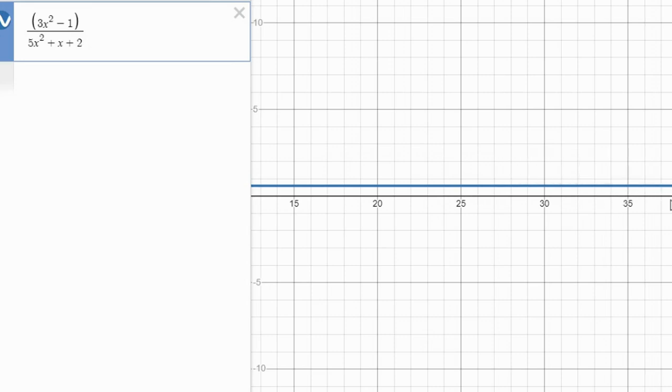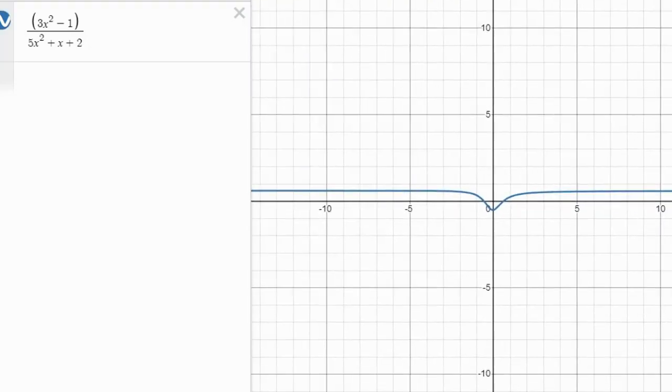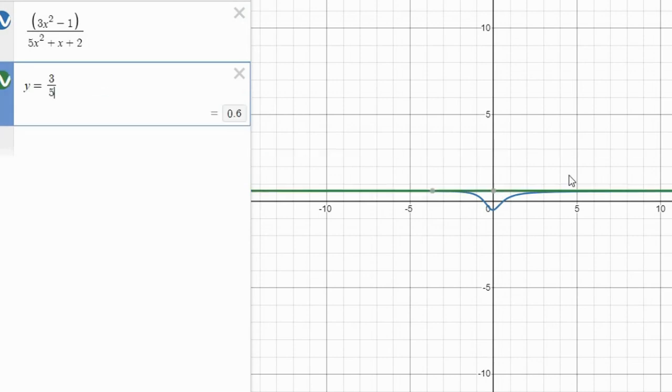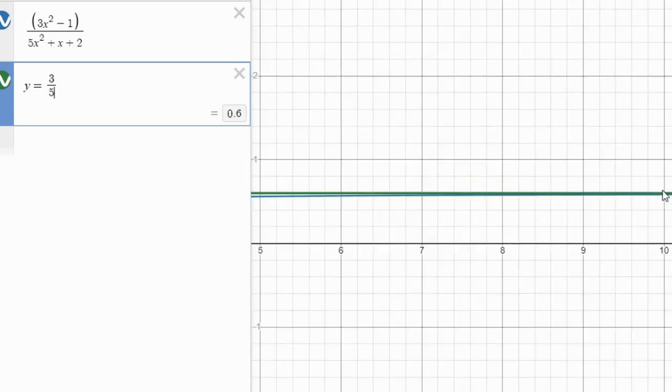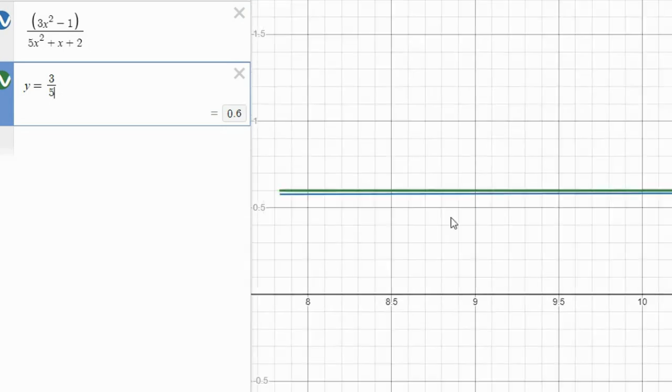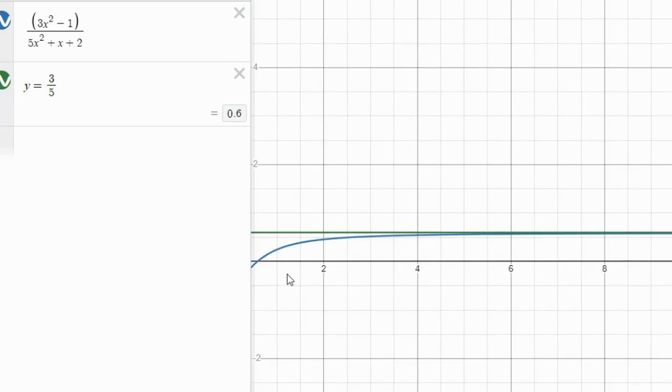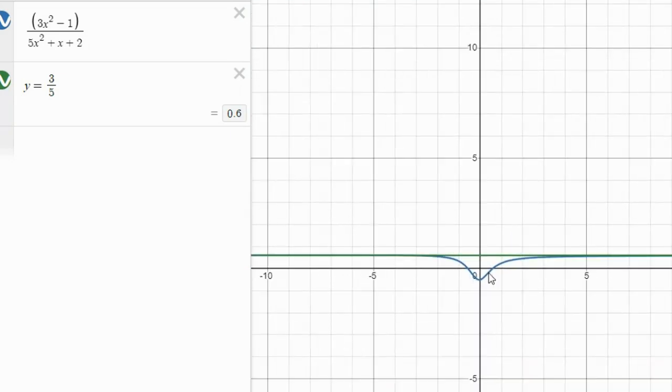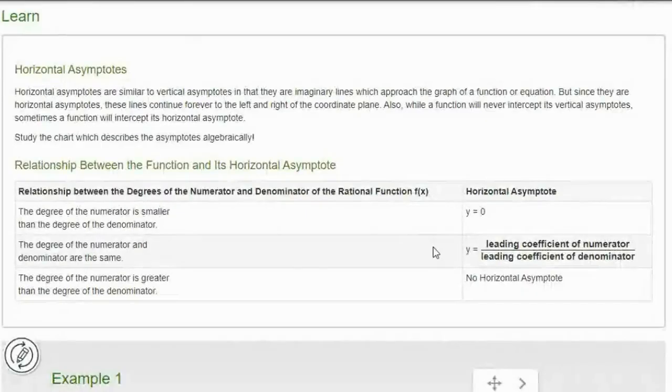So it's getting closer and closer to 0.6. 3/5 is the asymptote. Let's see, y equals 3/5. There's that asymptote line that it's getting closer and closer to, but it's not touching. So that's what we mean.